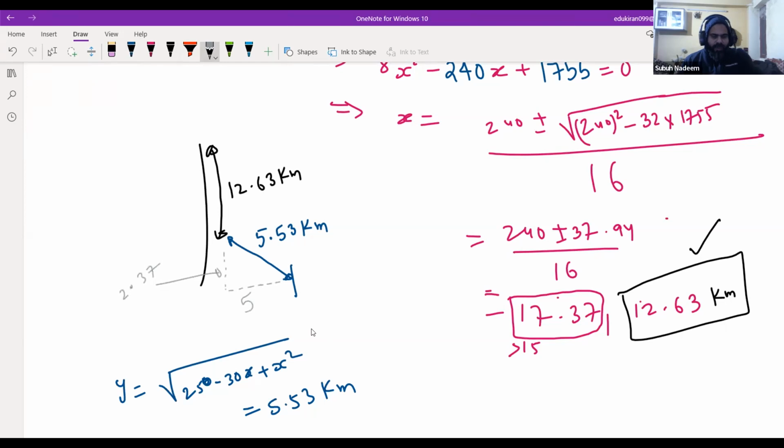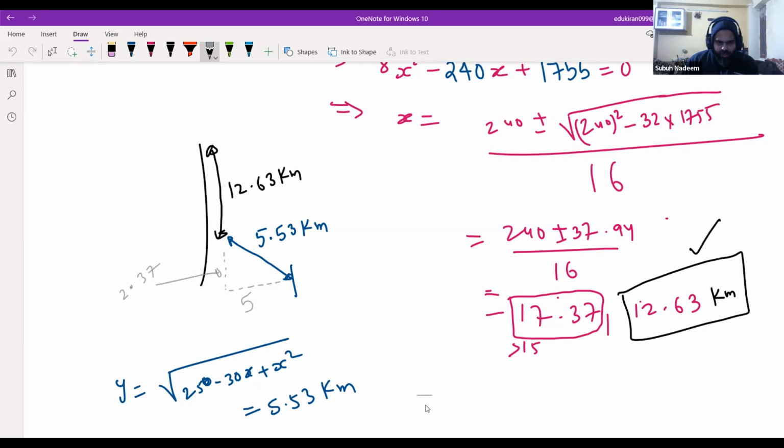So if you apply the Pythagoras theorem, 2.37 square plus 5 square is equal to 30.6169.